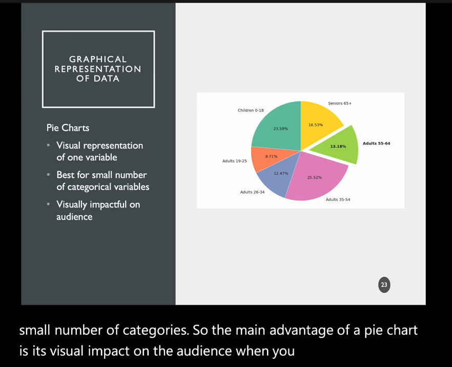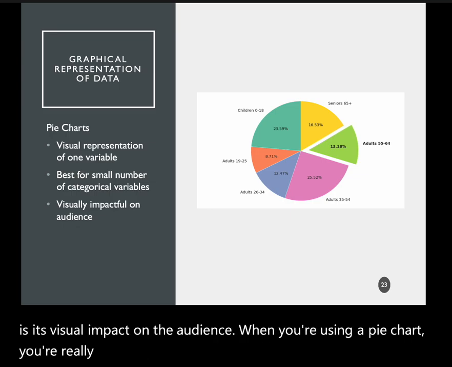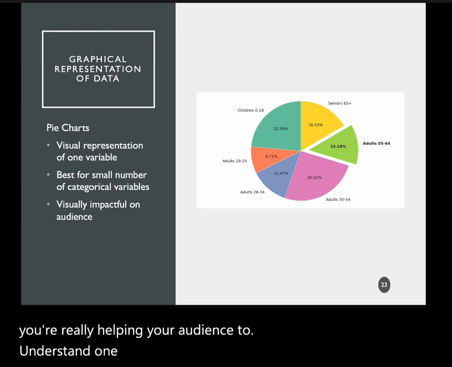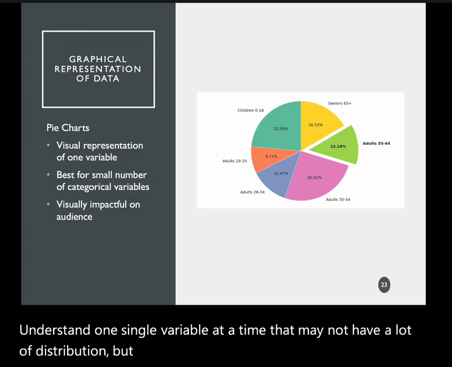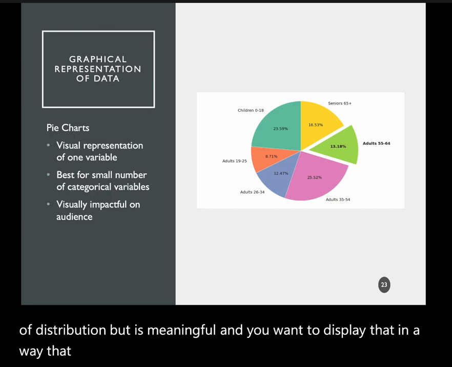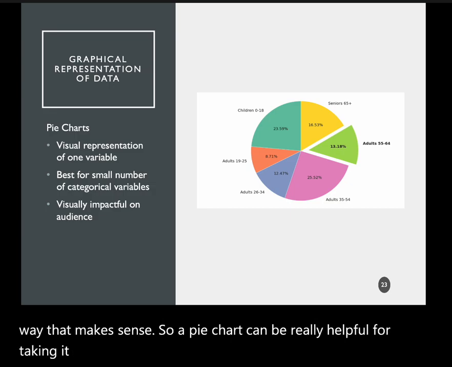When you're using a pie chart, you're helping your audience to understand one single variable at a time that may not have a lot of distribution but is meaningful, and you want to display that in a way that makes sense. So a pie chart can be really helpful for taking a deeper dive into a single variable.